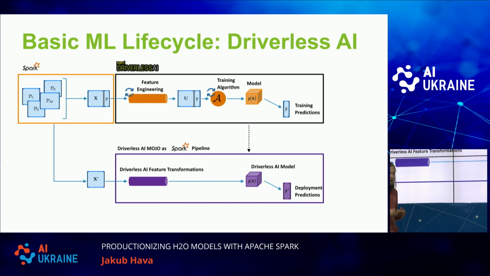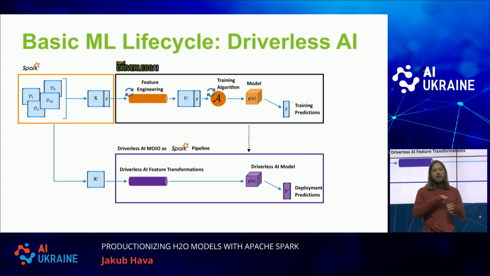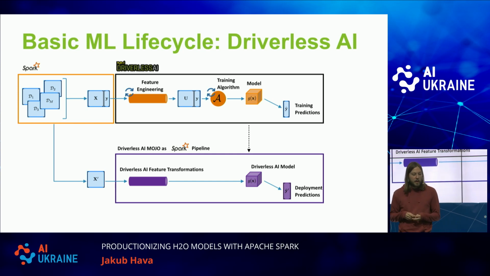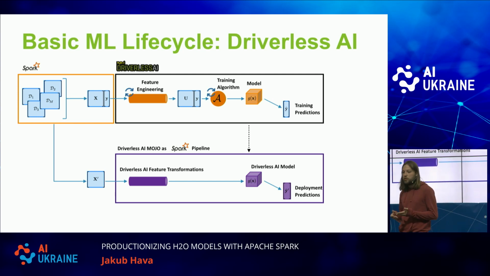And next, if you want to deploy it, we have the MOJO pipeline, and we can wrap it as a Spark artifact. It's just a simple technical task, but why it's important is that we want to be consistent. We want to deploy the Sparkling Water pipeline and the H2O Driverless MOJO in the same way. So we just wrap it as a Spark pipeline, and we can deploy it in a very similar way. We actually don't need to change our code.